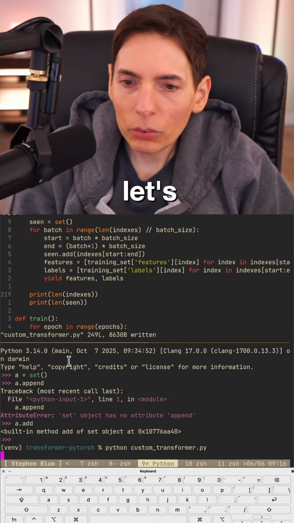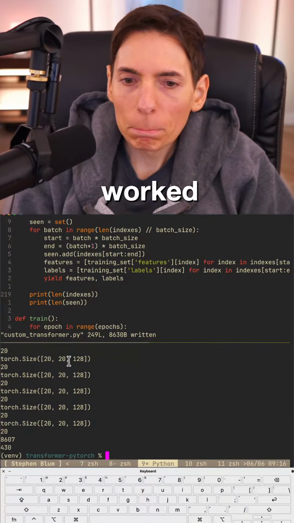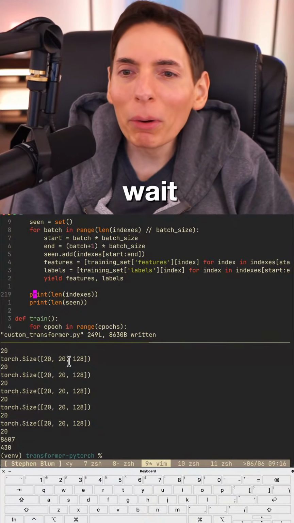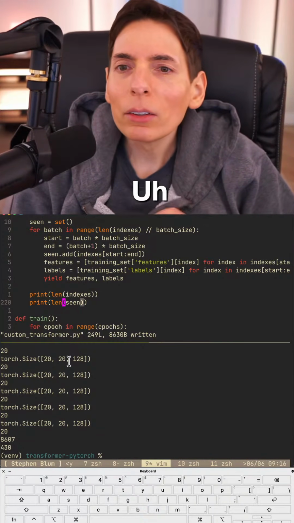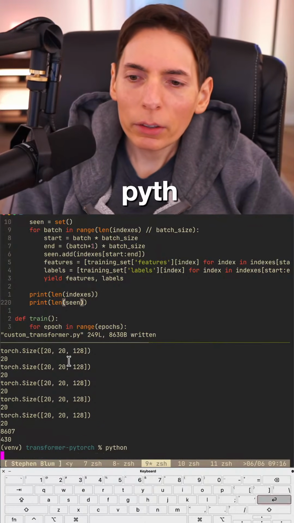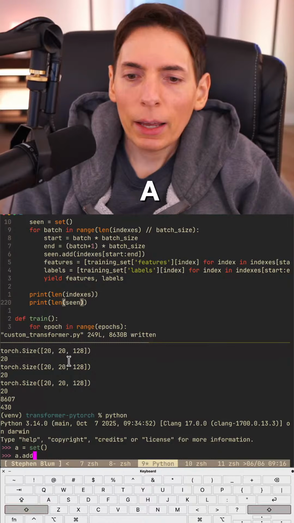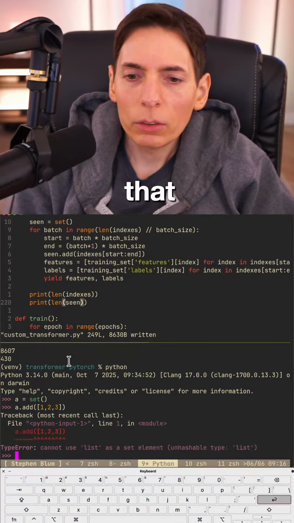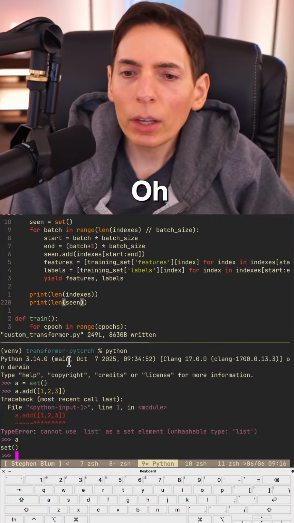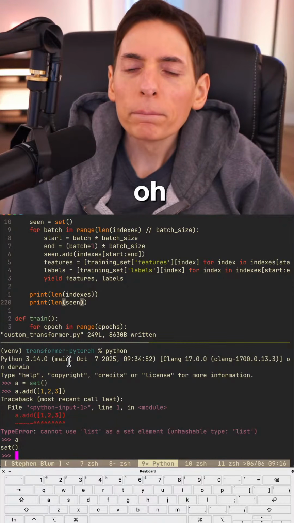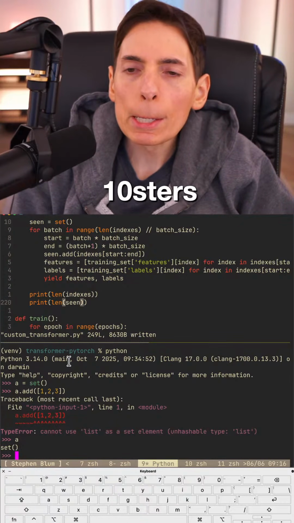Okay, let's see if that worked. Wait. So, all right, Python: a equals set, a dot add 1 2 3. Can I do that? Oh, is that not going to work? Oh, it's adding tensors.